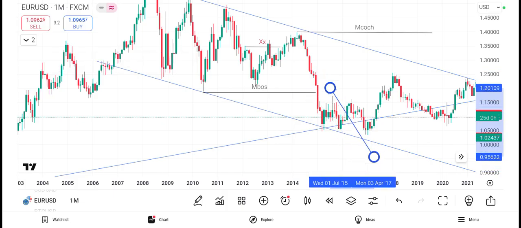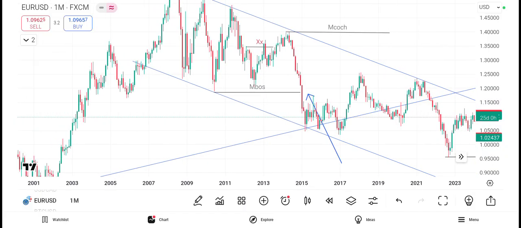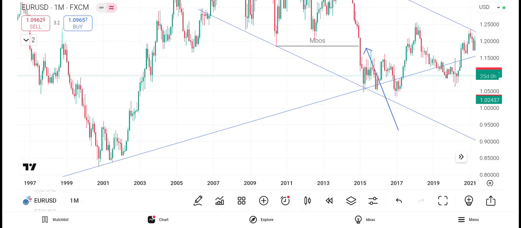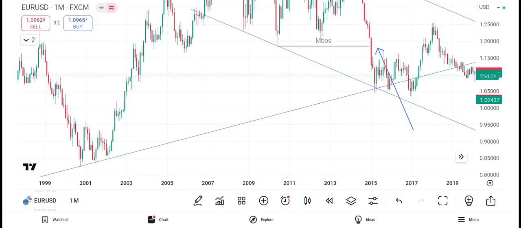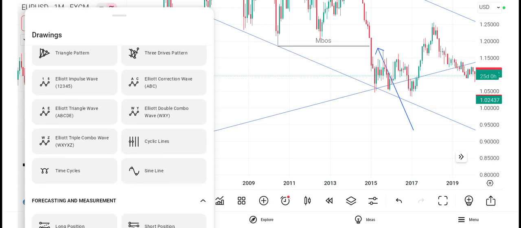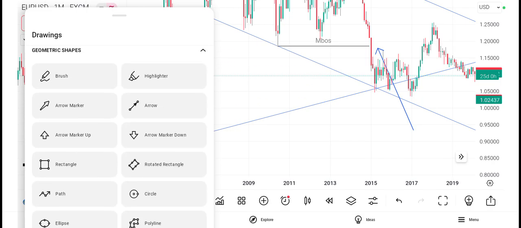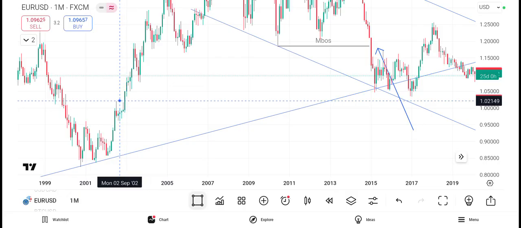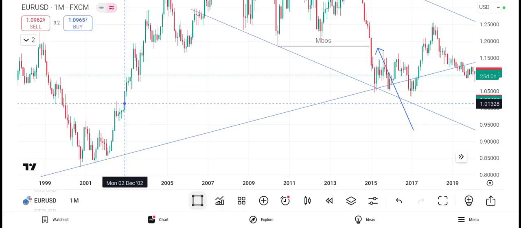After the break of structure, we should be looking for a higher time frame POI for us to buy from, and possibly we could see this was the other block.